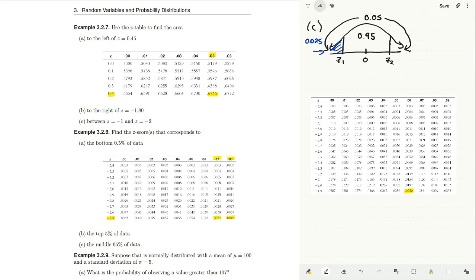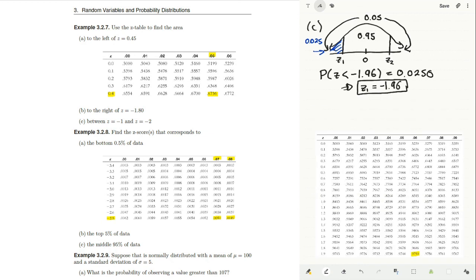So looking inside of our table, we are able to find 0.025 exactly. And so now we'll write the z-score, which corresponds to this area. Our table says that the area to the left of negative 1.96 is 0.025. And so this tells us that z1 is negative 1.96.